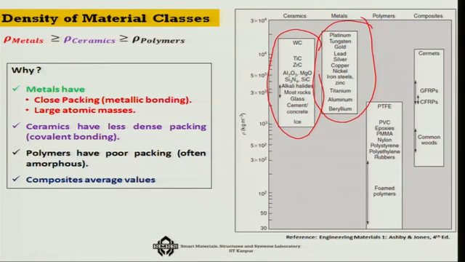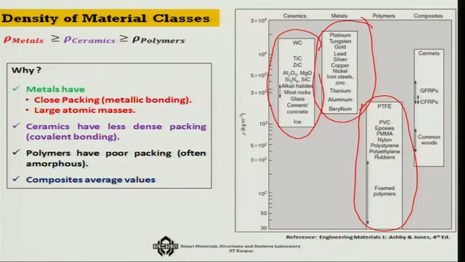But if you look at the polymers, they really have very low density, because they have an amorphous structure. Since they have very poor packing, no wonder that even though they consist of some very similar atoms, they have a very low density.